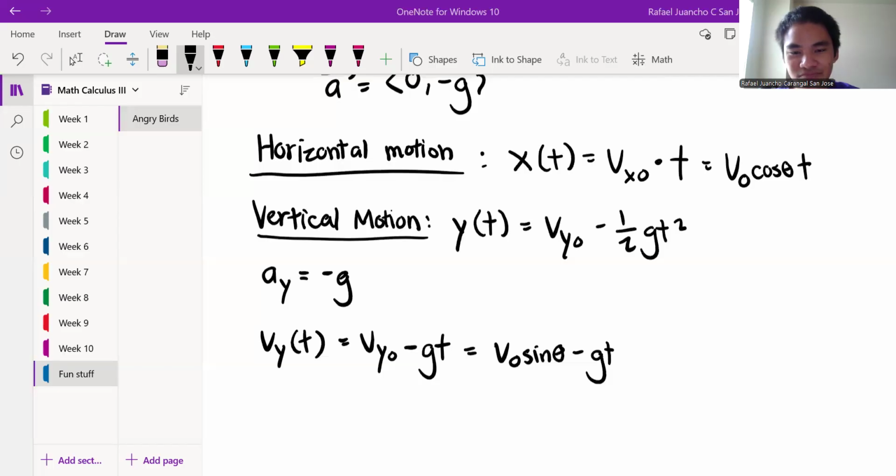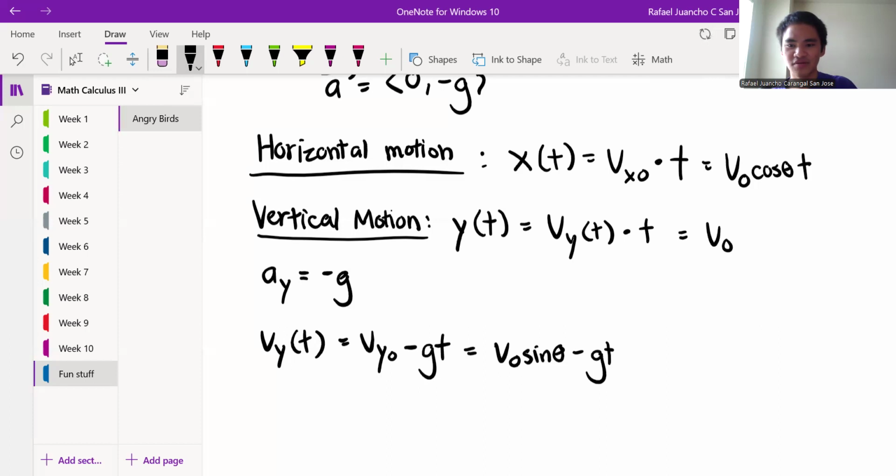Actually, wait, I think I can figure it out. T squared. Wait a minute. No, I can't figure it out. Never mind. I was thinking maybe we get the velocity of y and multiply it by some time.